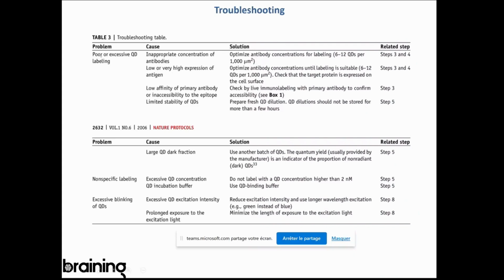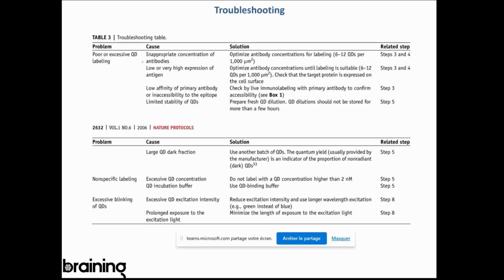If you have poor quantum dot labeling, knowing that the behavior of the receptor changes depending on the synapse you are looking at and the receptor you are looking at, you need a lot of quantum dots to have a population study to really extract a median behavior of the mobility.